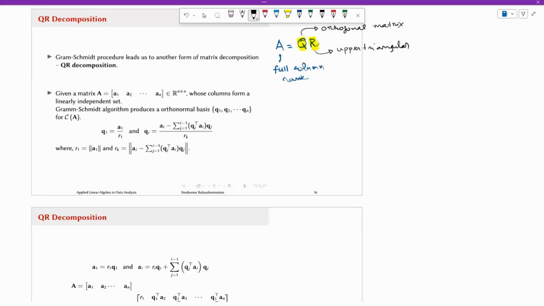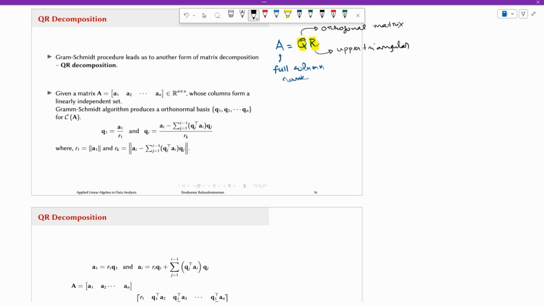And it turns out that the elements of Q and R are simply stuff that comes out of your Gram-Schmidt orthogonalization procedure. Like in the case of LU, L and U were simply the result of the Gaussian elimination process. Here you have something that is the result of the Gram-Schmidt orthogonalization procedure.